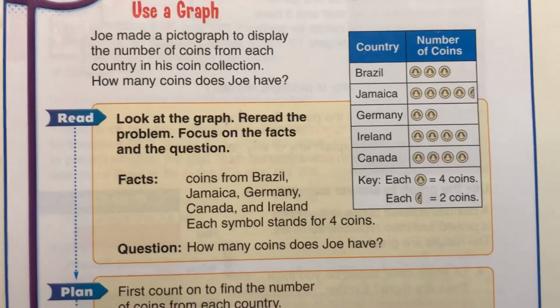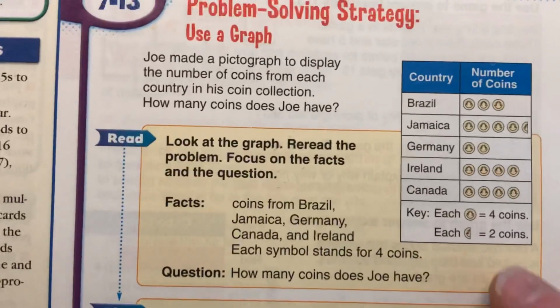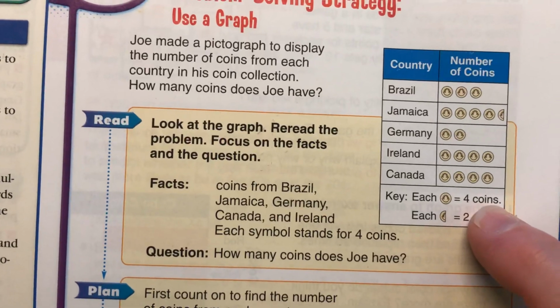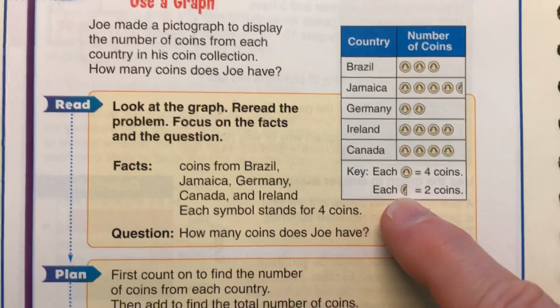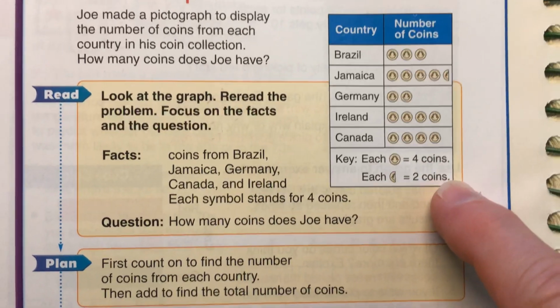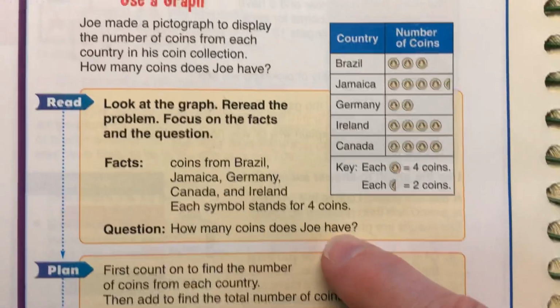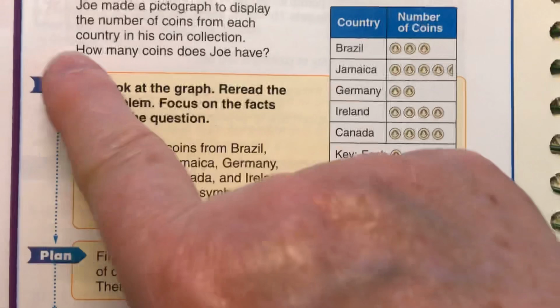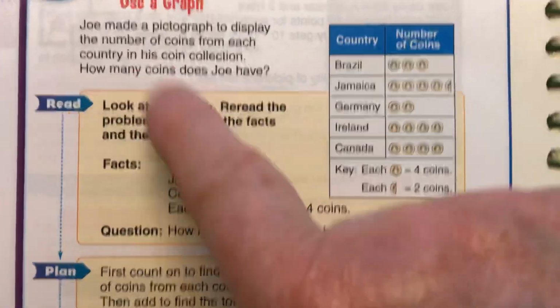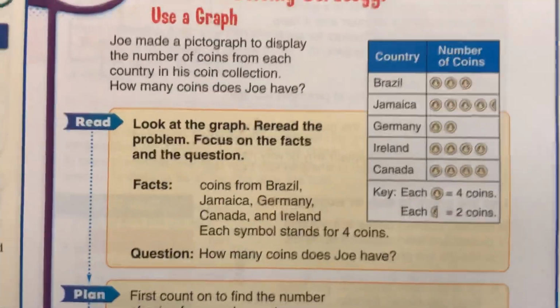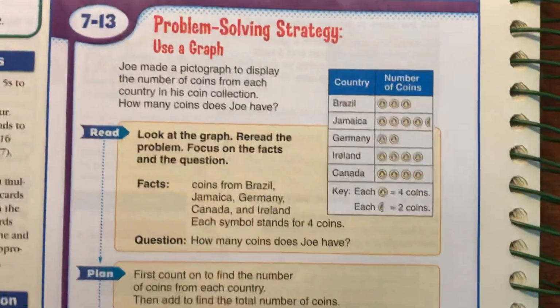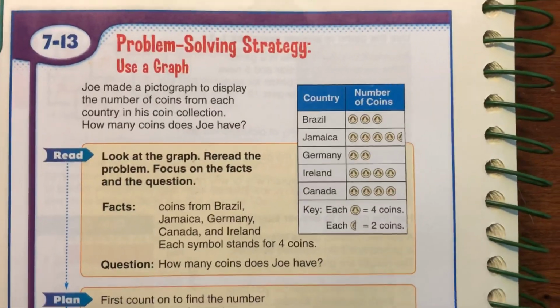I also know that each symbol stands for 4 coins because it's in the key. And I also know that a half a symbol equals 2 coins. Now I go back to the question that I'm being asked. How many coins does Joe have? So I have to think to myself, how am I going to figure out how many coins Joe has?